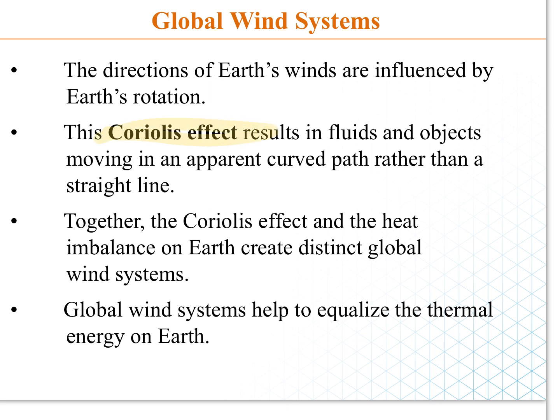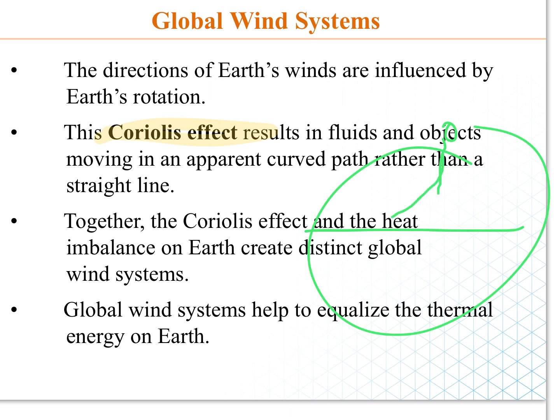So you probably want to hit pause and fill in some of the important points here on the Coriolis effect, like the apparent curved path rather than a straight line. But I'm going to actually sketch in for you this idea that if you're on the Earth and you're at the pole and you decide to throw a ball toward the equator, by the time it gets to the equator, it's going to hit a point that was further behind because the equator is trying to move in the east direction.